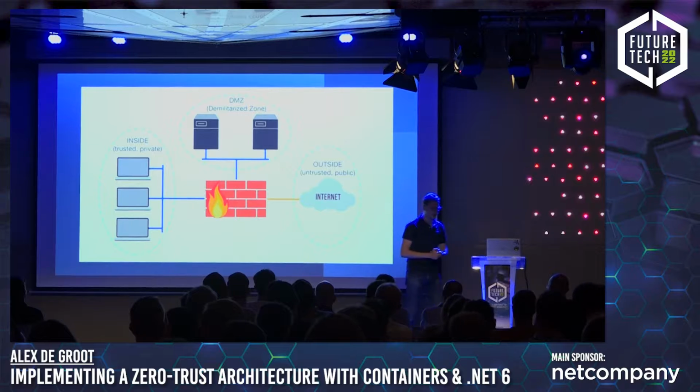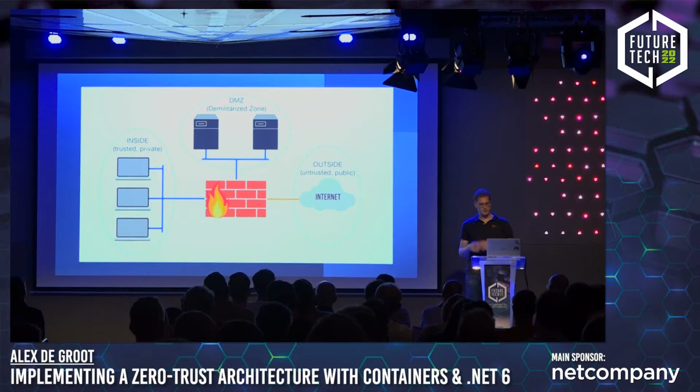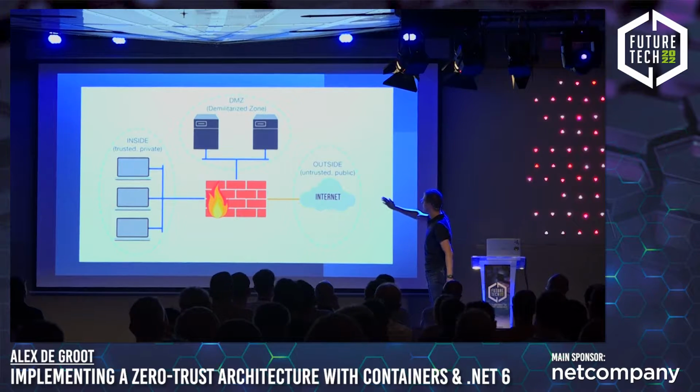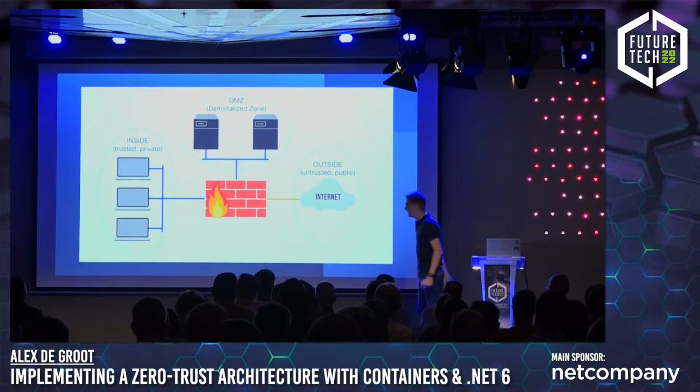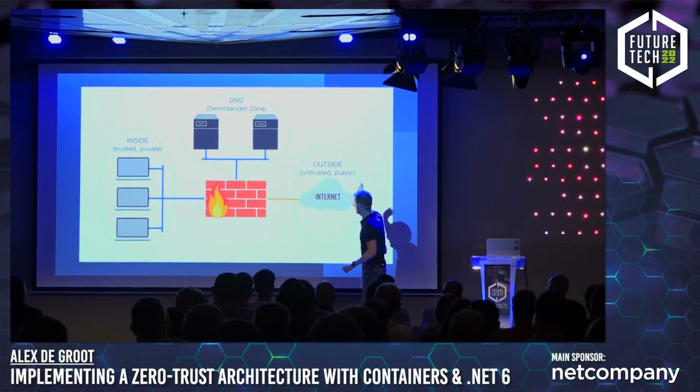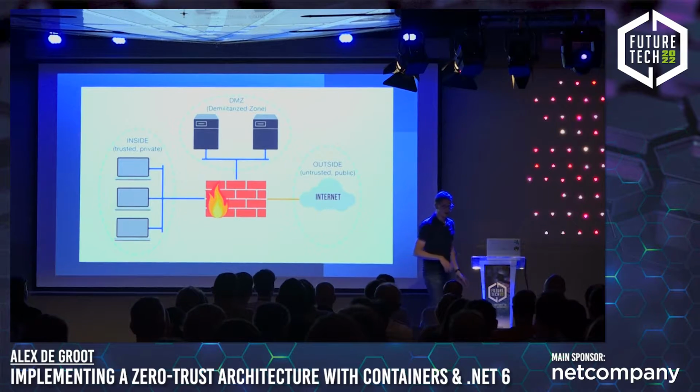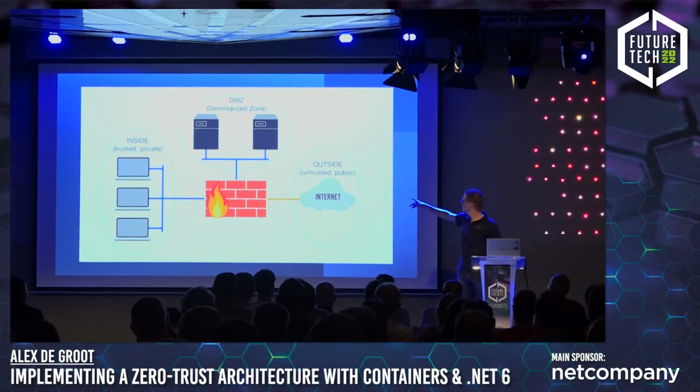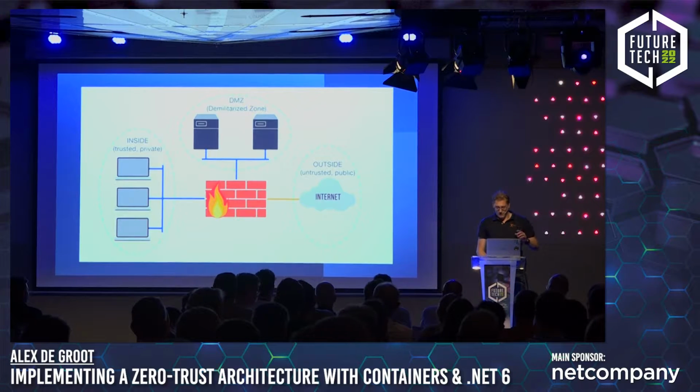And then we have the inside part. Those are our laptops, and through the firewall they are allowed to change everything in the DMZ. So I can update software there and all of that stuff. I can just, whatever, go ahead. Is this familiar to you guys? Who still has a network like this? I only see two guys. I don't believe that, actually, because otherwise you guys wouldn't be here.